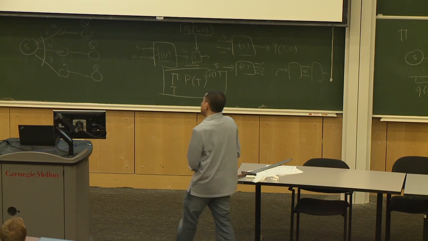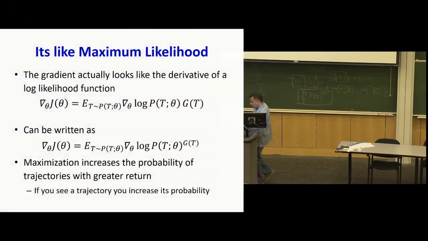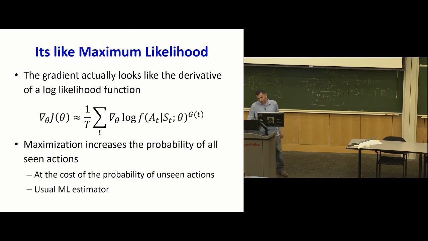And this has an issue. In our estimator, at each time you're actually maximizing the log of the probability of each action raised to the return at the time at which the action was taken, which is all very fine, but this is a maximum likelihood estimator.